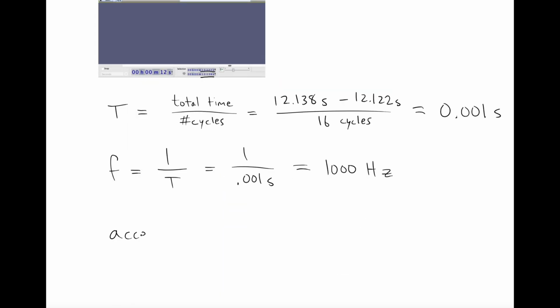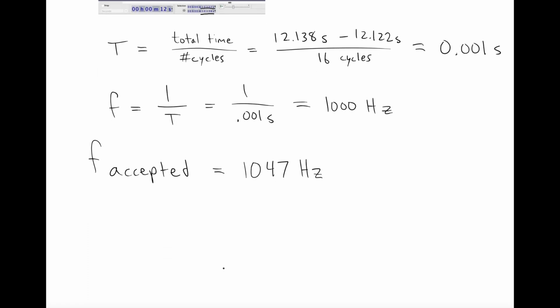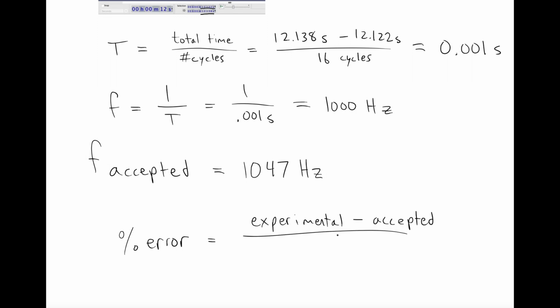The accepted frequency for the C that I played was 1047 hertz. So I was pretty close. Let's see what percent error that is. Once again, I'll do the experimental minus accepted divided by accepted.